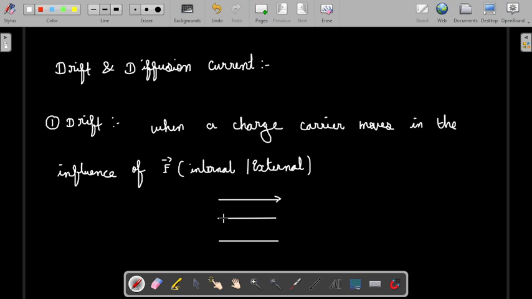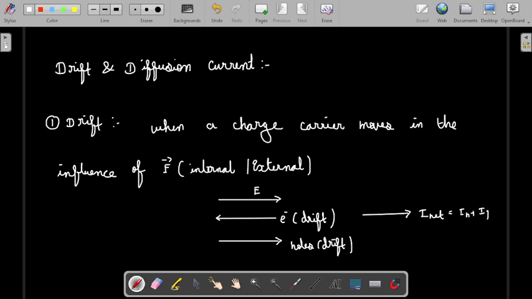This is the electric field E, this is the electron drift, and here the holes drift. Ultimately the net current will be in this direction only, which is equal to I_N plus I_P. That will not change.